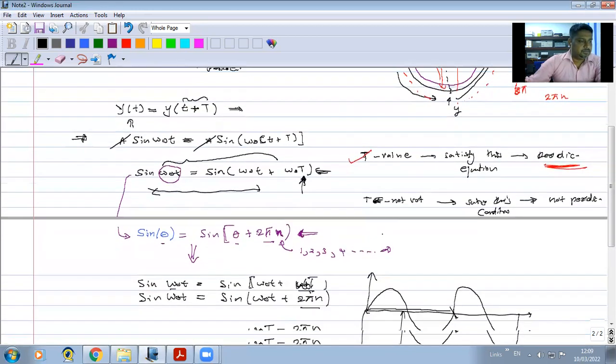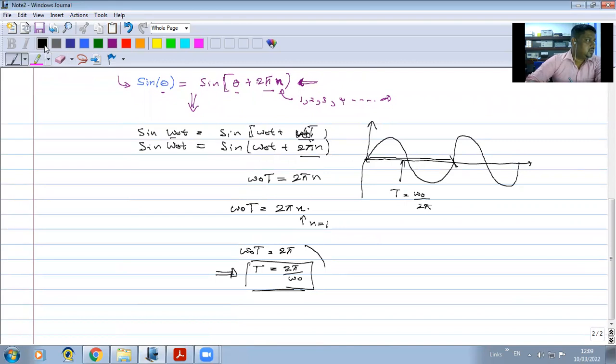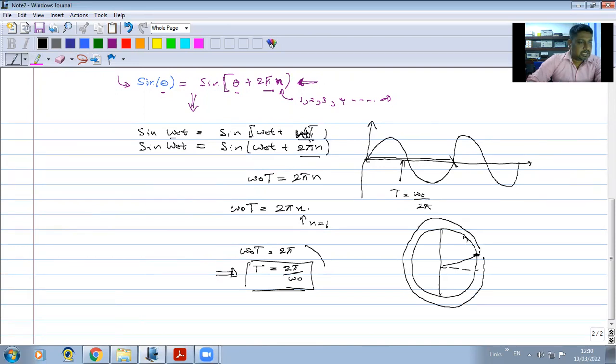I will draw it here again because now it is not clear, we have many lines. If this point is moving through this circle, this projection is the sine value, no? That is the sine value.